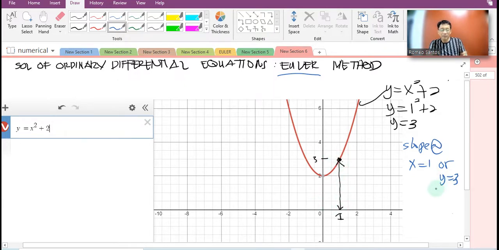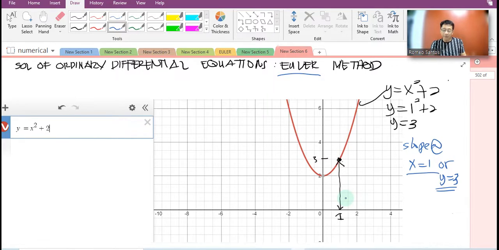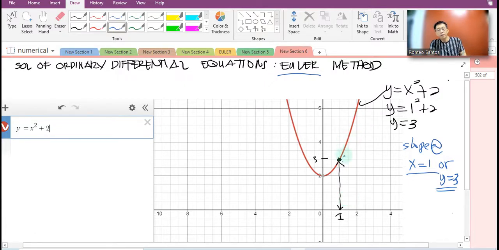Because you automatically get y by substituting it here. So we can just say, what is the slope at x equals 1 of the given curve? So here is our slope, we draw the tangent line. Okay, what is the slope here?